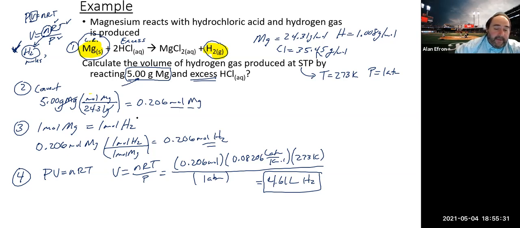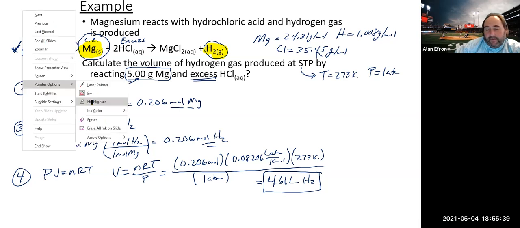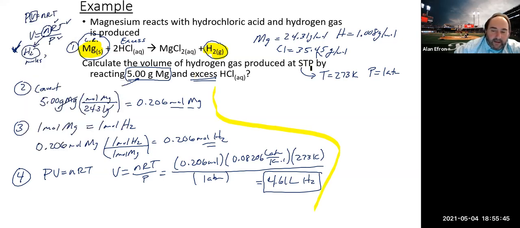Now, I did it this ideal gas law way. There is one last thing that you could have done, or maybe you did it. Because we are at STP, we can basically leapfrog the ideal gas law.